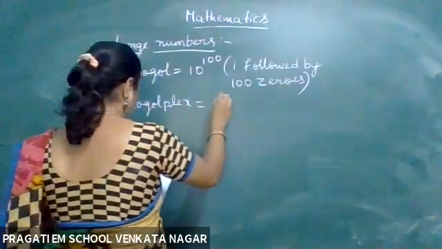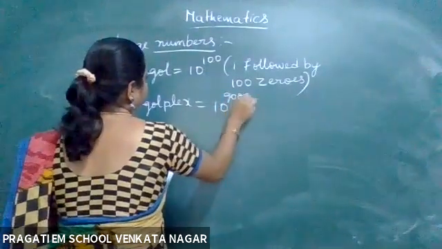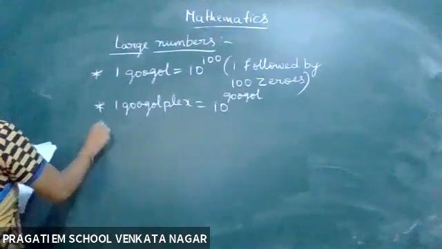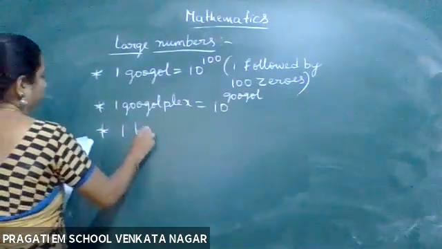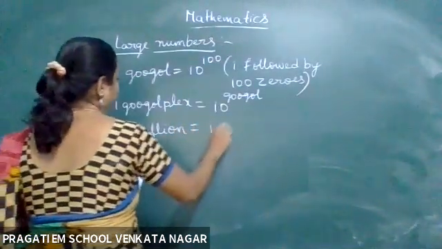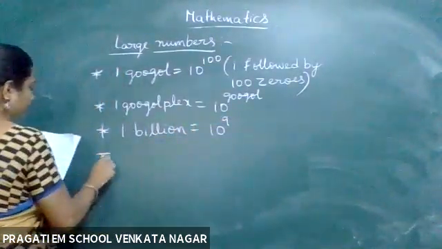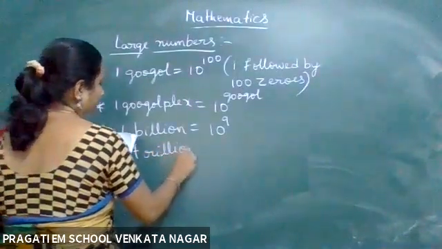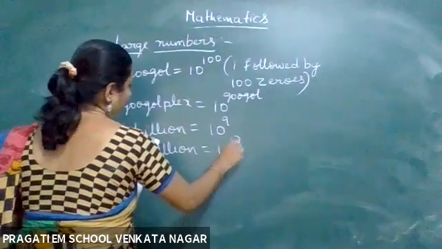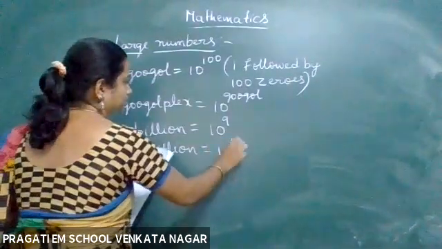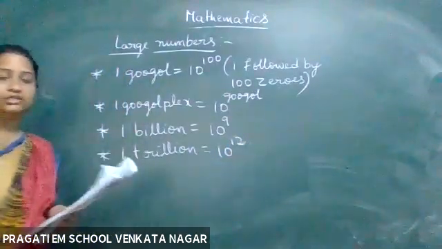Next we have one googolplex equals 10 power googol. And 1 billion equals 10 power 9. And 1 trillion equals 10 power 12. Children, don't worry that these concepts are not in your textbook.